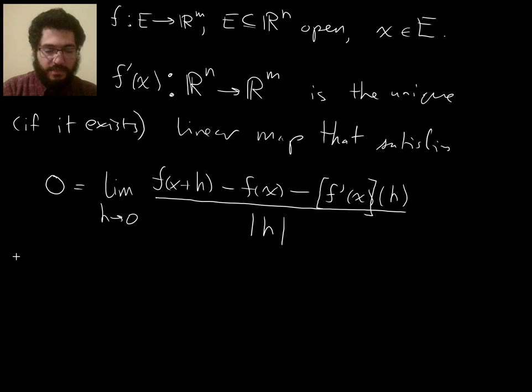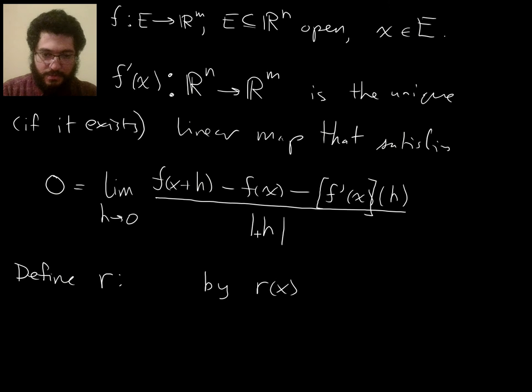So now let's define a function r. Let me leave some room to say exactly what kind of function r is, but define r of h equals this numerator here.